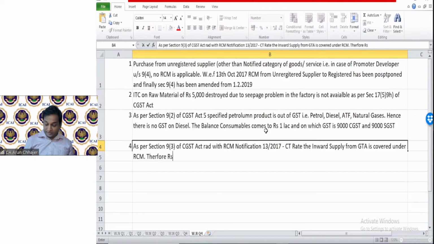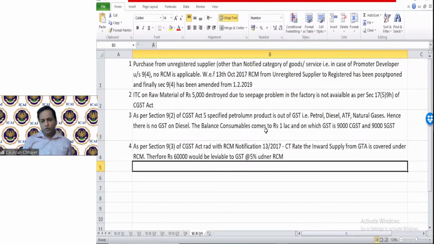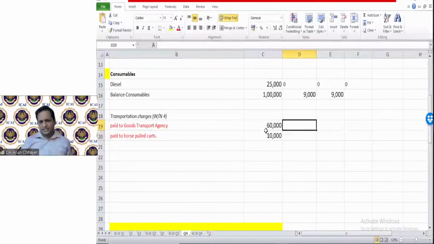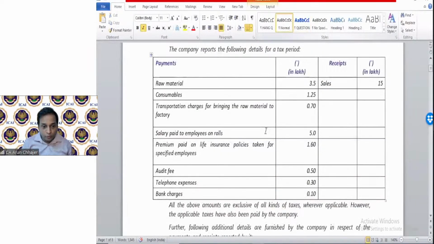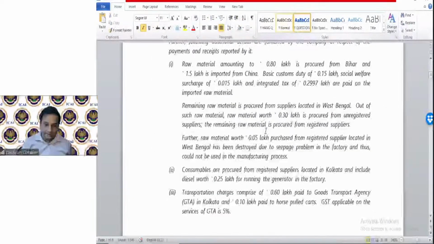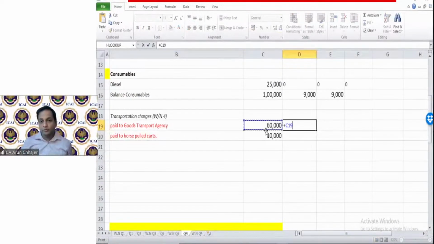Therefore, rupees 60,000 would be leviable to GST at the rate of 5% under RCM. So I do agree that part is clear. So where is the transporter? Transporter is from Calcutta. Fine, no problem. So it would be 2.5% CGST and 2.5% SGST.